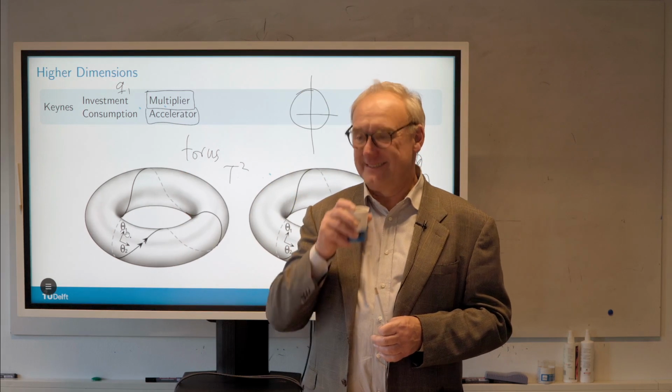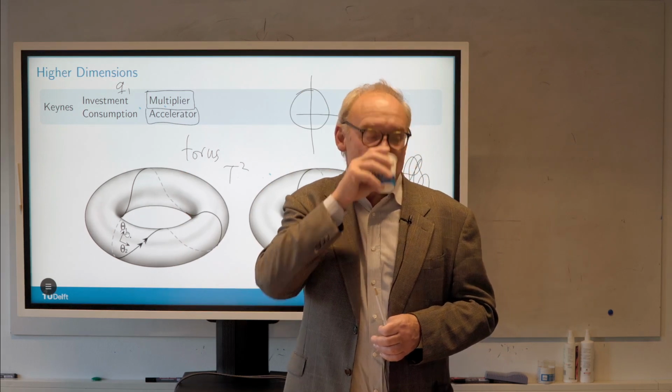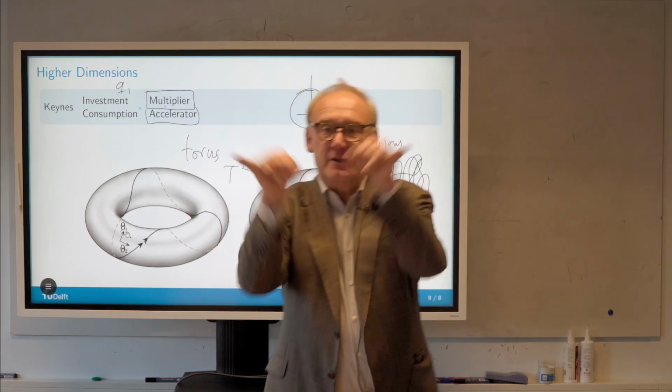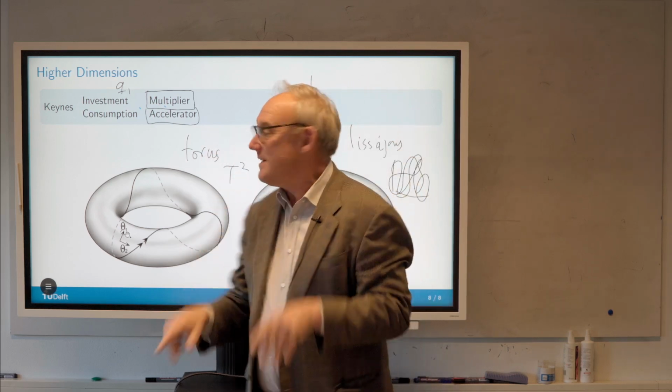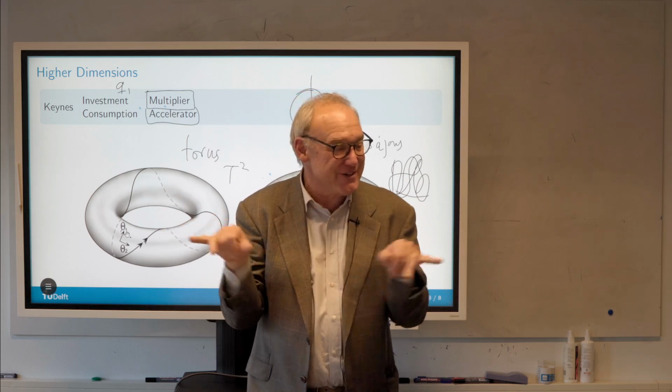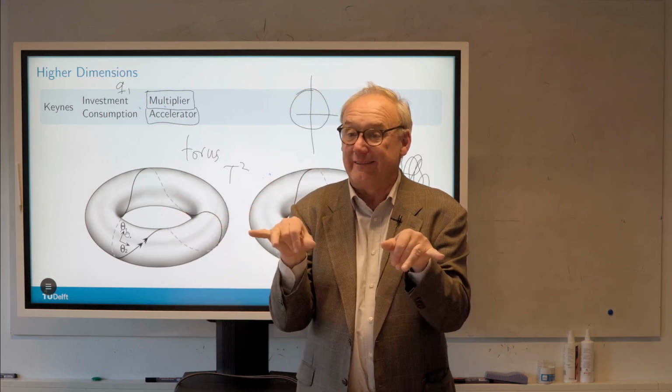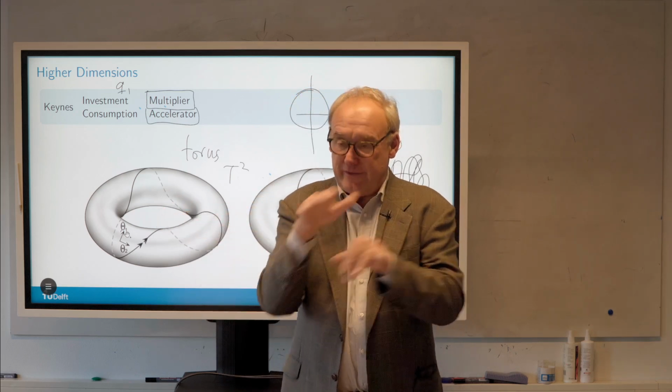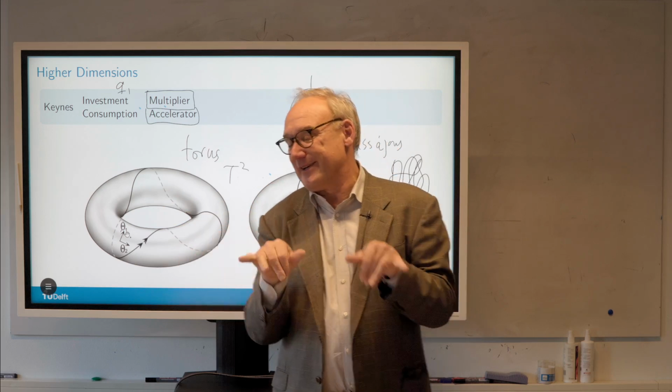Yeah, so you've got these two harmonic oscillators. So you've got Keynes's investment and consumption cycles, and they're interacting. Now, if they're harmonics of one another, things are going to be fine.